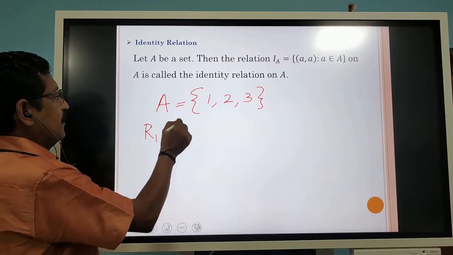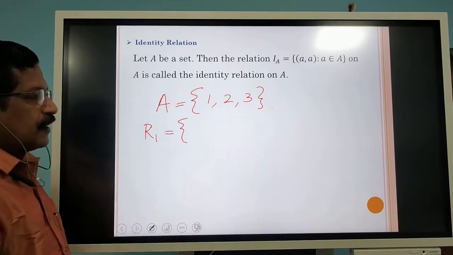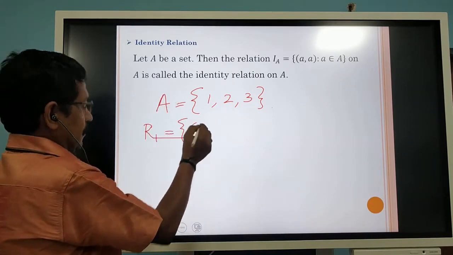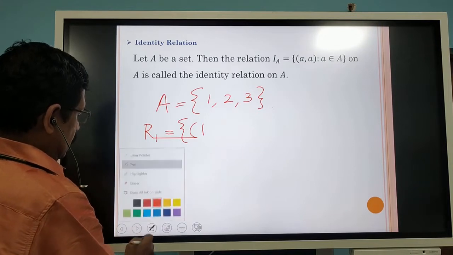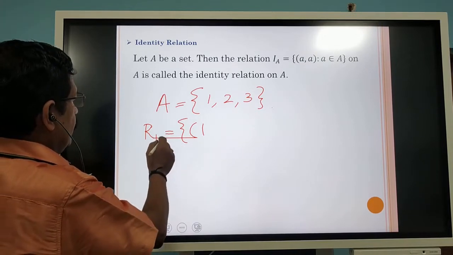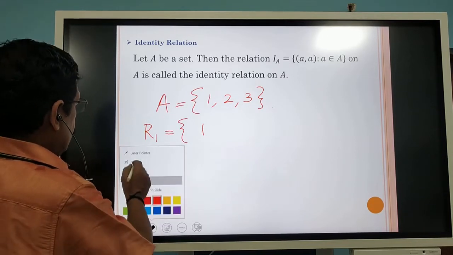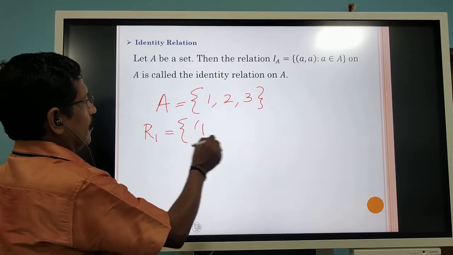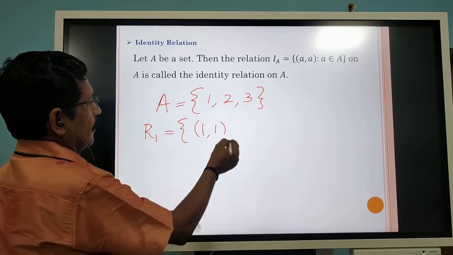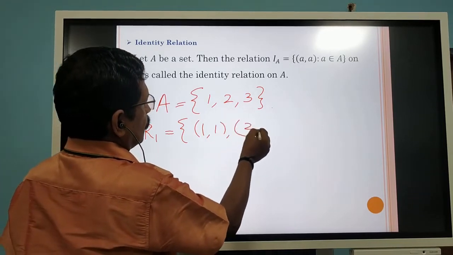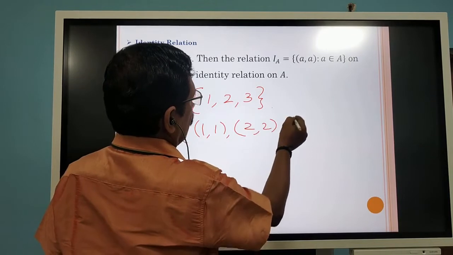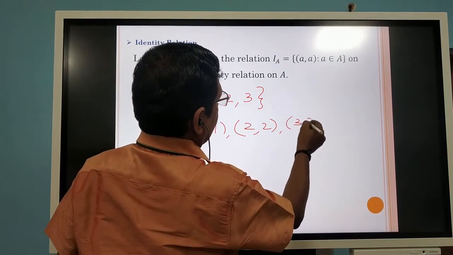This relation is the set of ordered pairs (1, 1), (2, 2), (3, 3).